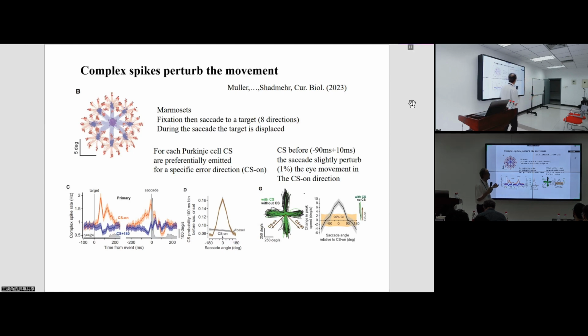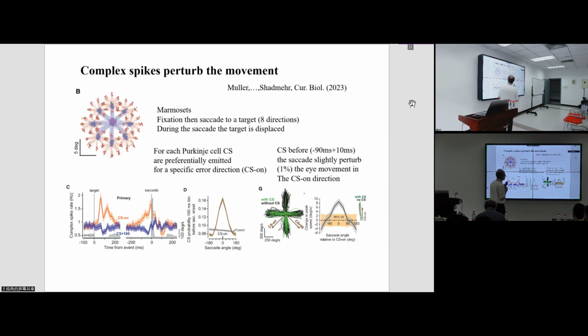So you can say this complex spike has a preferred angle. If you record one Purkinje cell, it spikes not for all displaced targets, but it has a preference. It will fire more if this error is in this direction. So there is a direction preference for the errors that are detected by the complex spike.